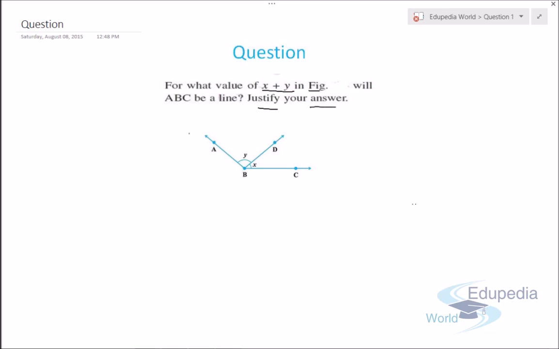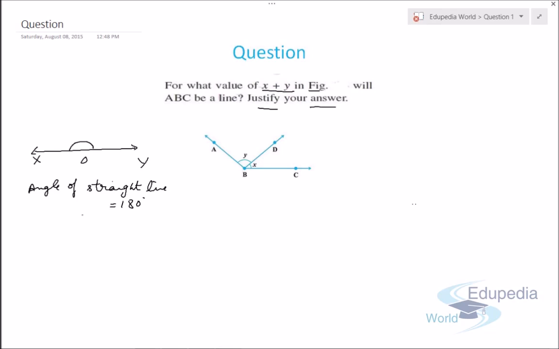Now, as we have discussed in Euclid's postulates also and various questions we have done on a straight line, let it be a straight line like XOY, and let it be an angle like this. We know that the angle of a straight line is always 180 degree.